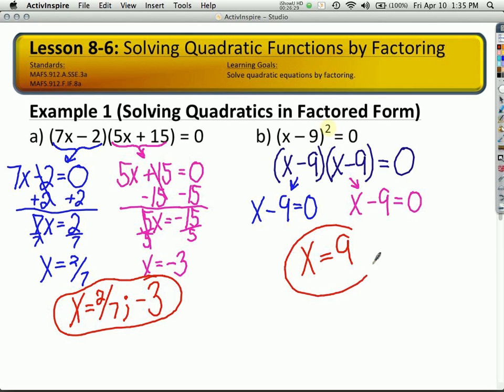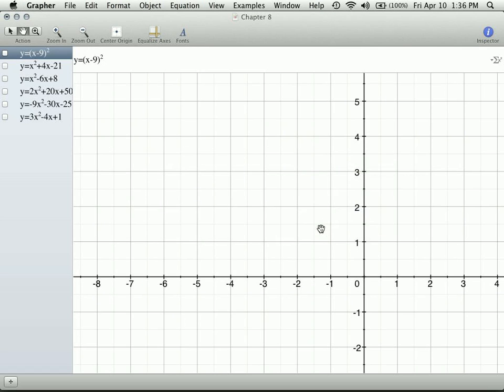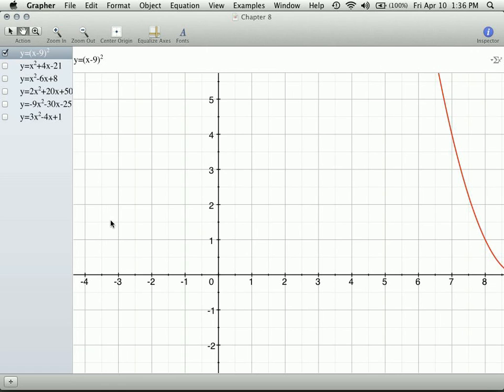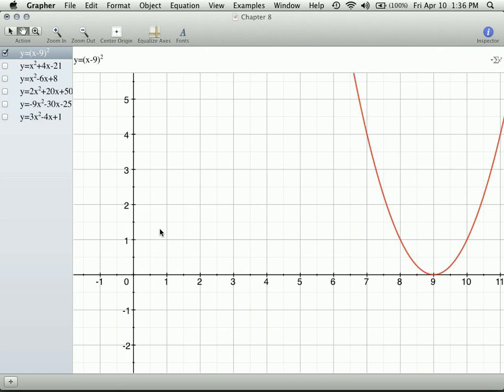Okay, so let me pause here and go back to my other software and show you what you saw already. I did this on purpose. That's the same quadratic.